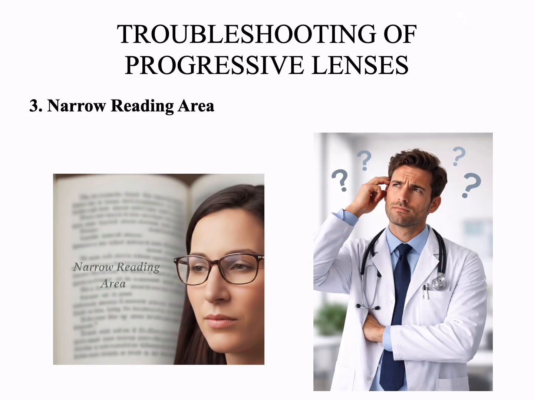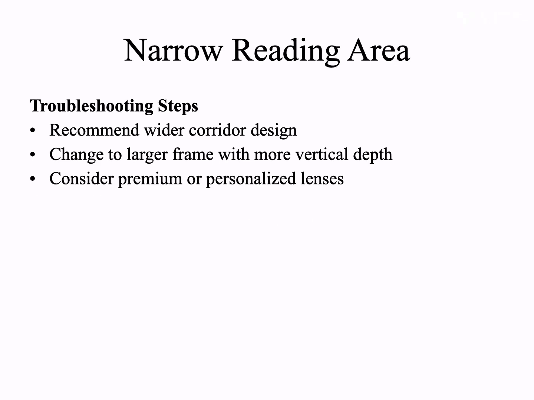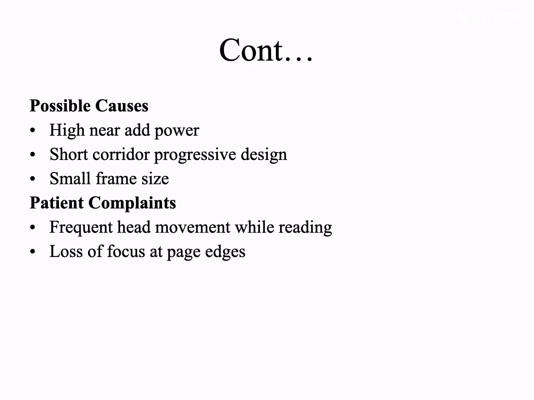Number 3, narrow reading area. What could be the possible causes? High near eye power, short corridor progressive design, and small frame size. Patient complaints might be frequent head movement while reading and loss of focus at the page edges.